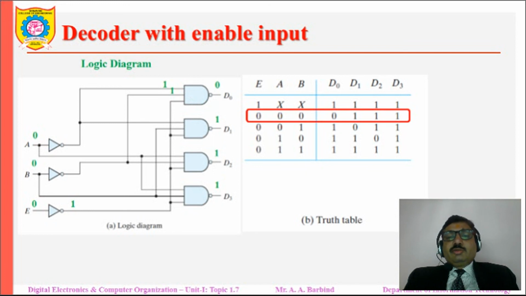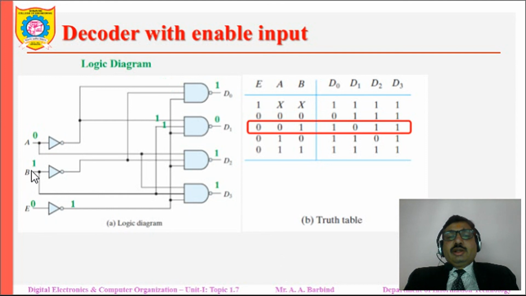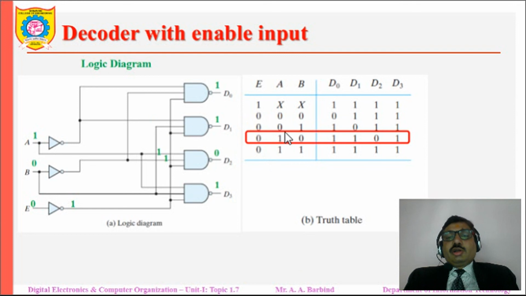Okay, in the similar fashion, we can verify that when A and B are 0 1, then the D1 output will be 0, because all the three inputs of the second NAND gate are 1 1 1. Okay, for the next input AB 1 0, all the three inputs of the third NAND gate are 1, so its output will be 0, while for rest of the NAND gates at least one of the inputs is 0, so its output is 1.